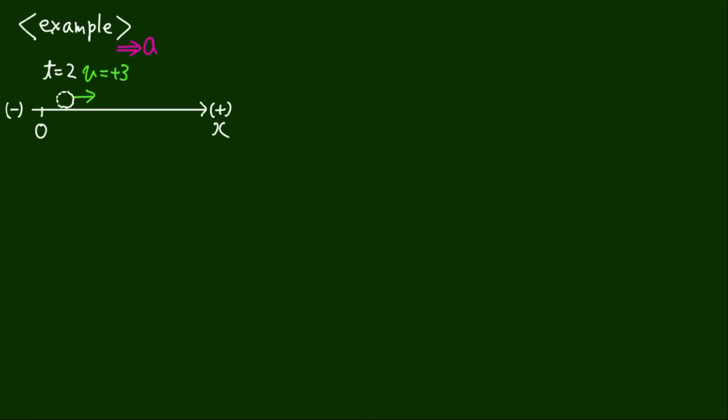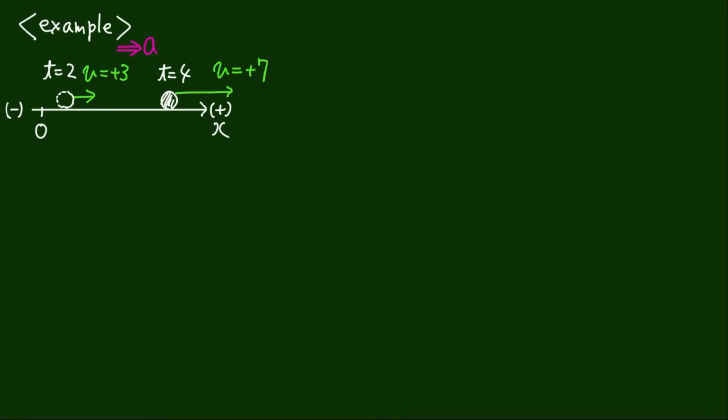Yes, I have written A with this red arrow, which represents a quantity called acceleration. While we will define this properly later, for now, please think of it loosely as a quantity that represents how much the velocity changes per second. Is that clear? Well then, naturally this v keeps increasing from plus 3, and when time t becomes 4, the velocity, for example, we should draw the arrow longer here.